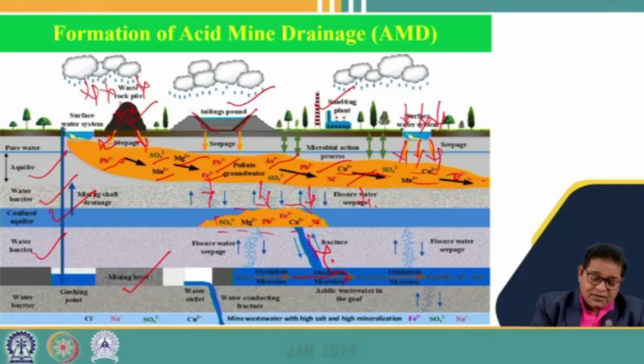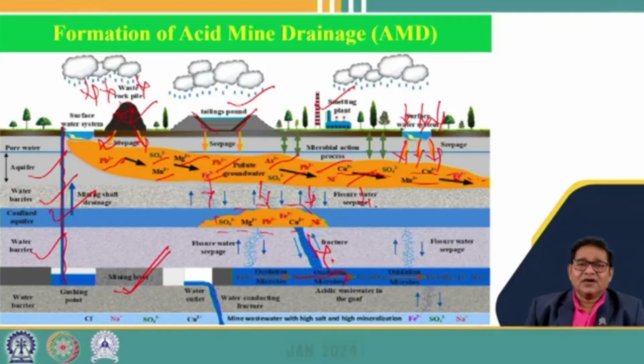This is the mining shaft which is constructed for underground mines, and these are the layers of the mining where the mining has to be carried out. When this is excavated and exposed to water, the water dissolves all these metals, and the seepage carries whatever metal it contains.